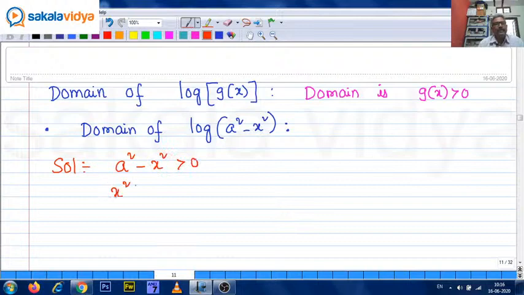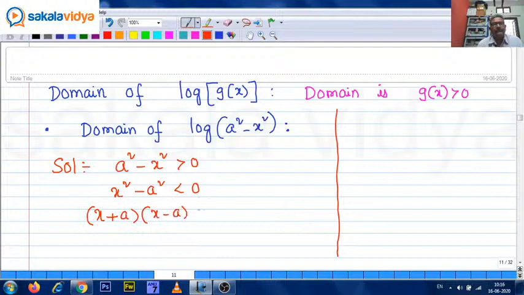Multiply with minus sign, x square minus a square less than 0. So now we need to find out the critical points. This we can write (x plus a) into (x minus a) less than 0. So x equals minus a or a. These two are the critical points.